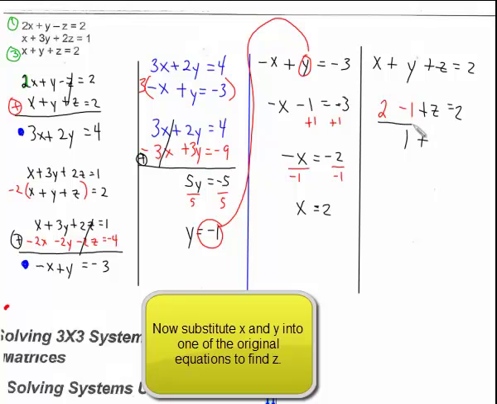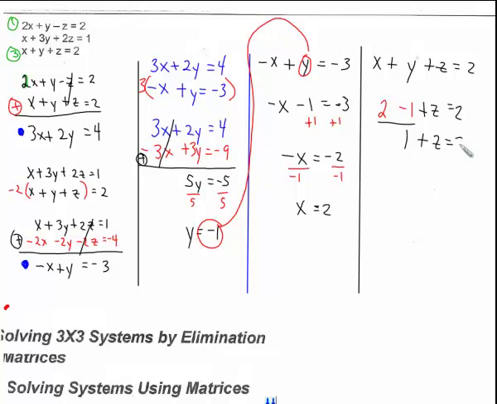So combining like terms, we get 1 plus z equals 2. Subtracting 1 from both sides, and z is equal to 1. So the ordered triple is 2, negative 1, comma 1.